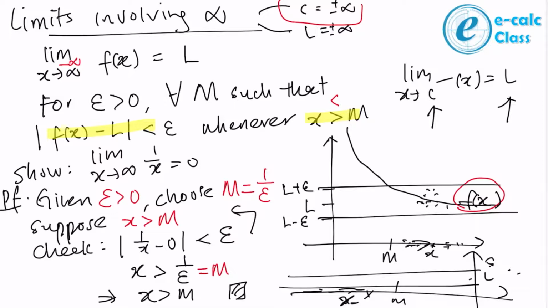So from here, I want to talk about horizontal asymptotes. Let me get to a new page. Let me write out a theorem again.